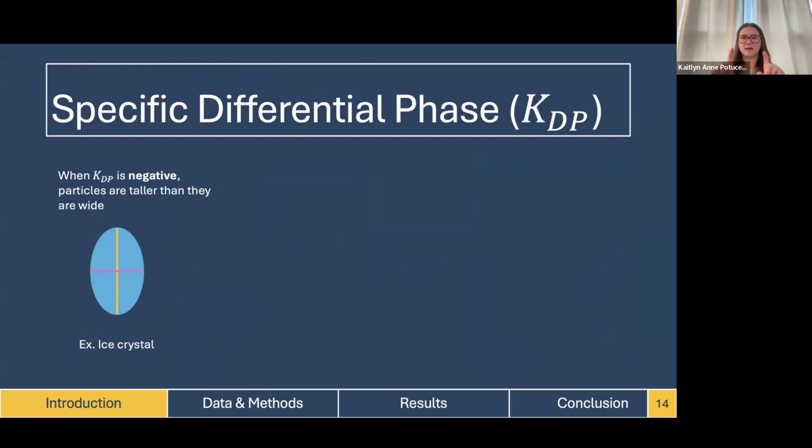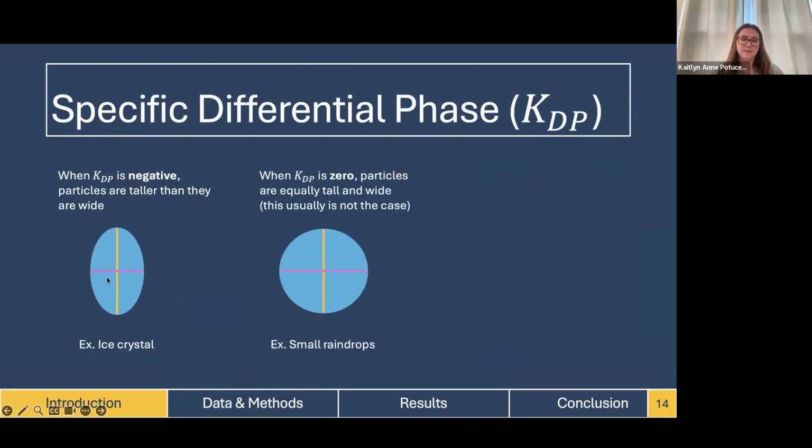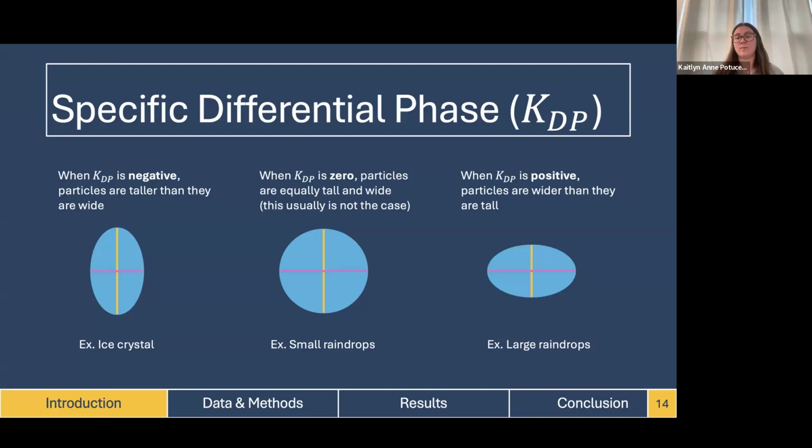Think of something like a columnar ice crystal, like the ones that look like needles. That's when you would get a negative KDP. If you had a drop that was perfectly circular, which usually never happens, you would have a KDP of 0. And when you have a particle that's wider than it is tall, kind of like a hamburger shape, which is usually how raindrops fall in the atmosphere, you would get a positive KDP.